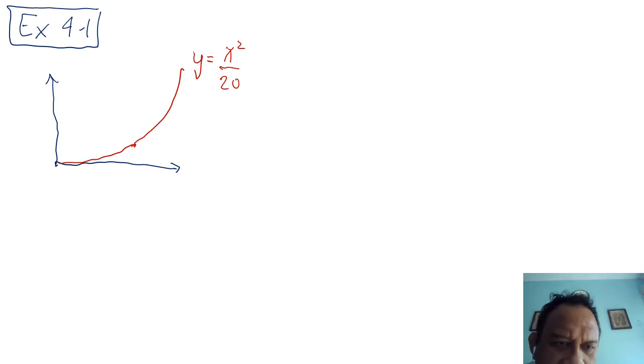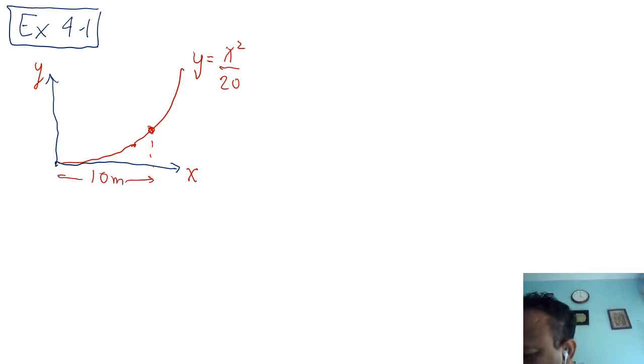And let's say at a particular point here, this is x, and this is y. x equals 10 meters, and y is 5, so 100 over 20 is 5.